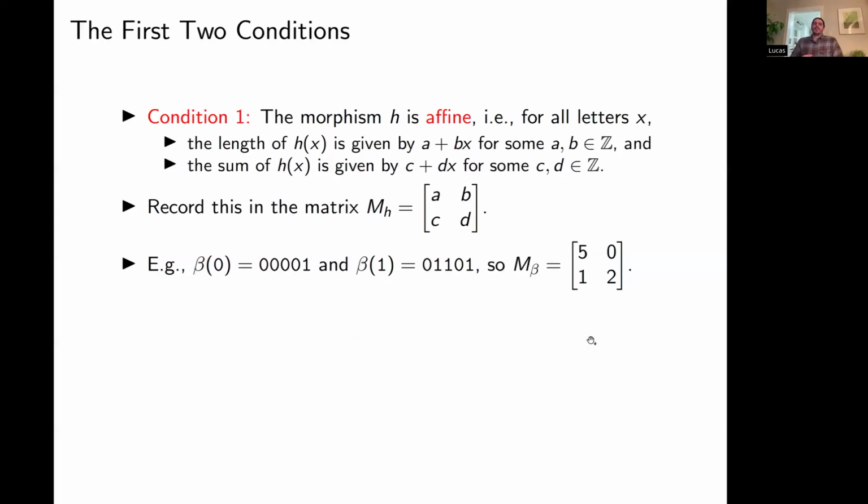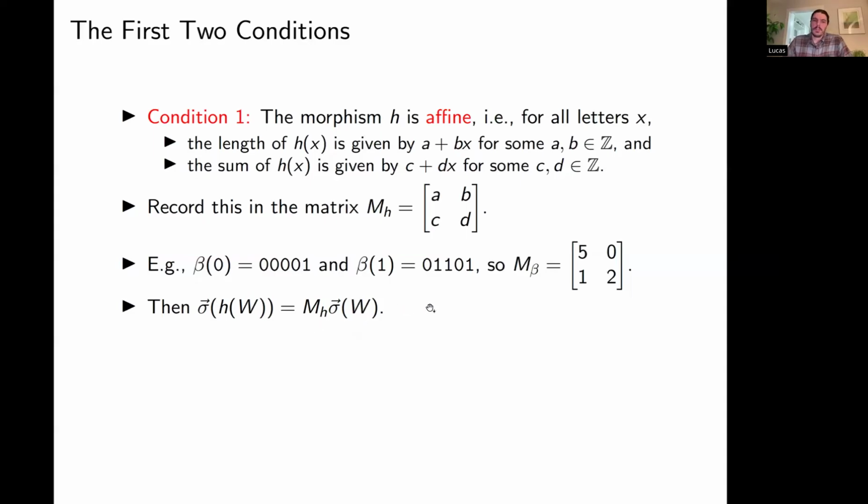So we put 1 and 2 here, right? So this condition just basically makes it easy to tell what sigma is when you apply H, right? Basically, when you apply H to a word W and want to know the length and the sum of that image, well, just take the length and the sum of the word you started with and multiply by the matrix MH, right?